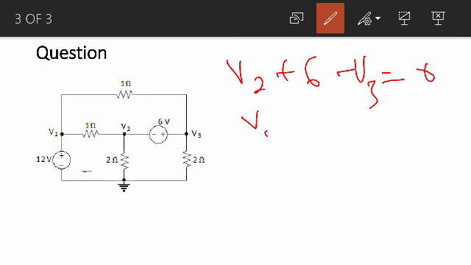So we get V2 minus V3 equals minus 6. That's the second equation. We can write that down somewhere: V2 minus V3 equals minus 6. Okay, so let's bring out all our equations together.